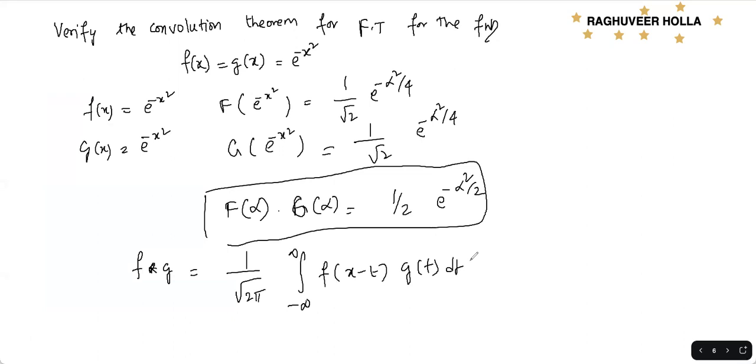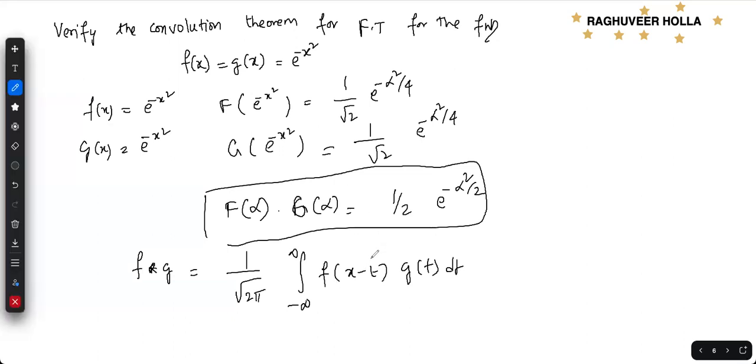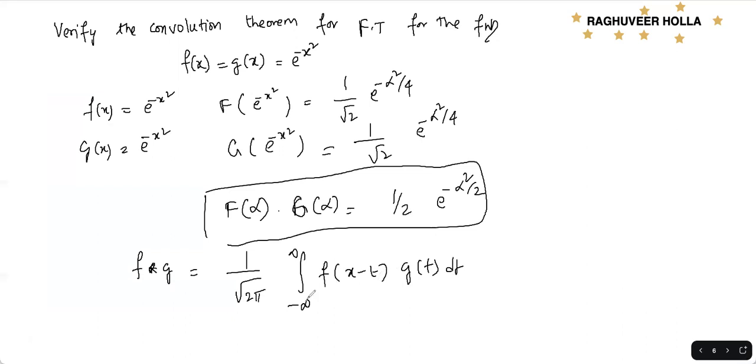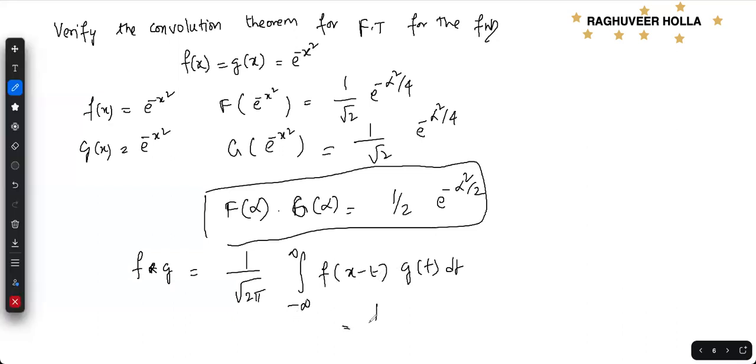By substituting here, we have x minus t, so it is 1 by root 2 pi, integral from minus infinity to infinity of e to the power of minus (x minus t) whole square into g of t, which is e to the power of minus t square, dt.